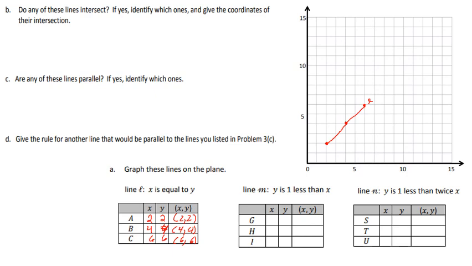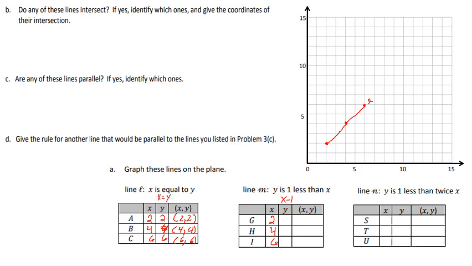Now the next one, it says line M is 1 less than x. Okay. So you know what? I'm going to go ahead and pick the same numbers: 2, 4, 6. And I know this is 1 less, so it's x minus 1, where this one over here was actually x equals y.